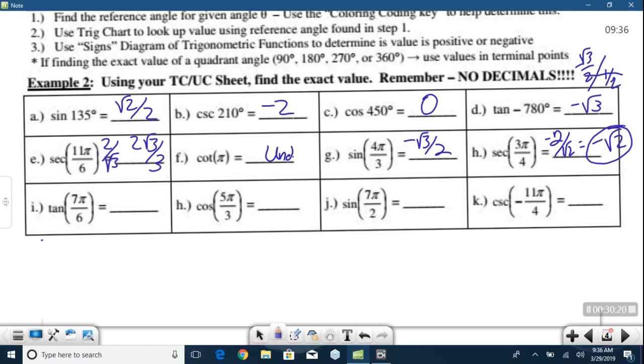Negative radical 3 over 2. What's your y coordinate there? Negative 1 half. So if you simplify this, that's 1 over radical 3, which is radical 3 over 3.